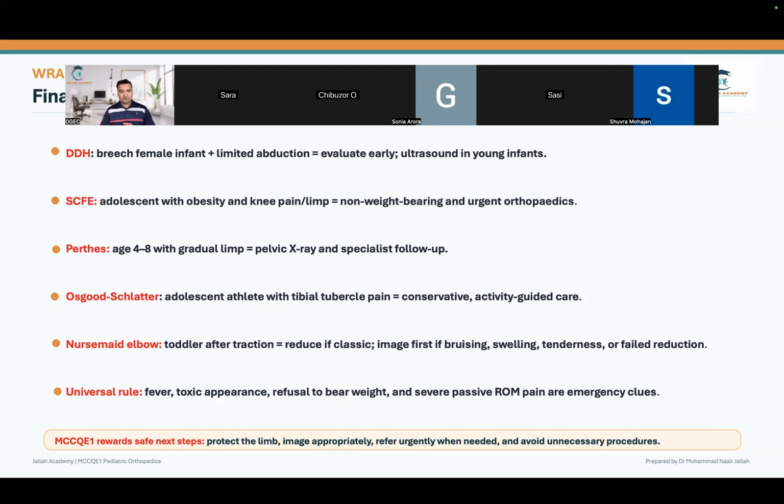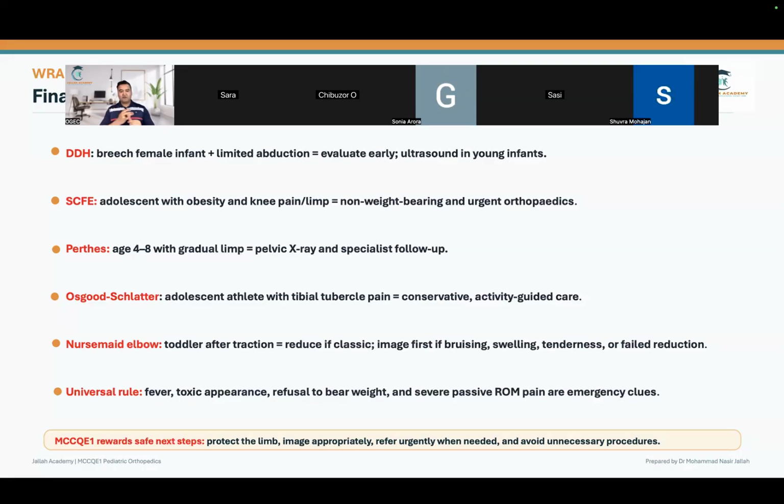No surgery. Nursemaid elbow, if it is classic, reduction. Imaging if red flags like bruising, swelling, tenderness are present, or the reduction doesn't help. After 30 minutes, the patient is not improving.